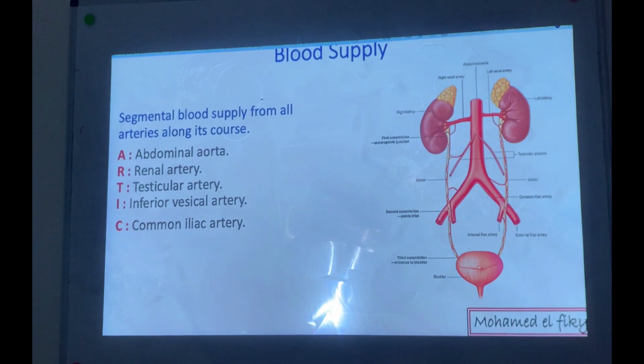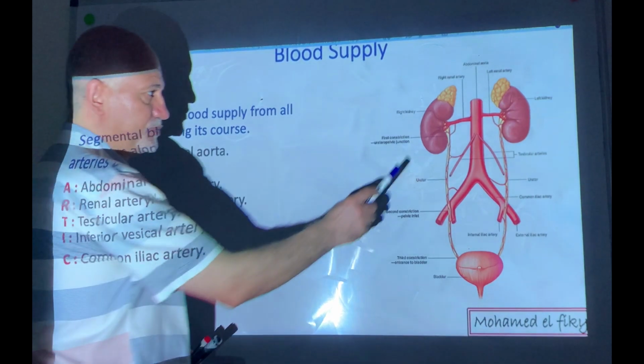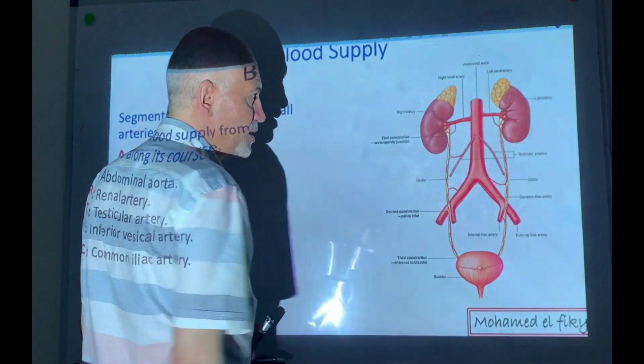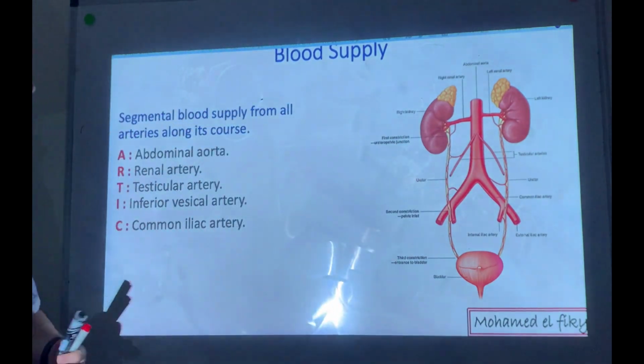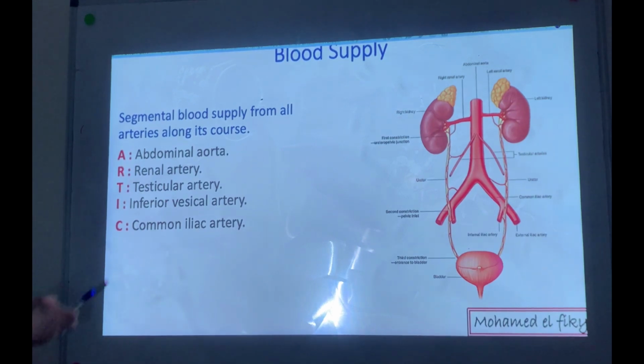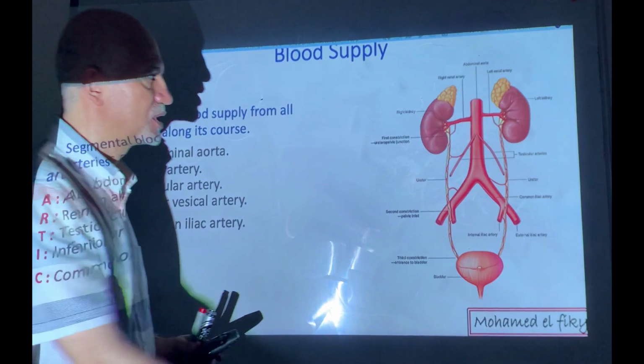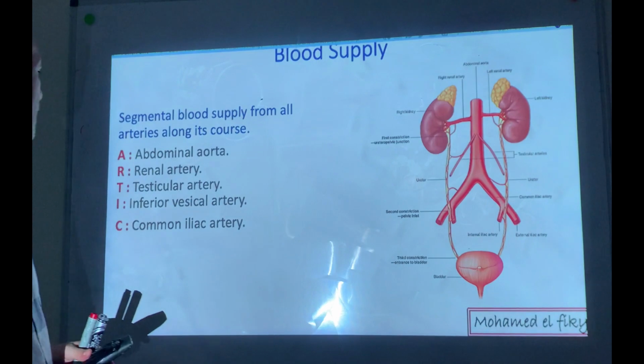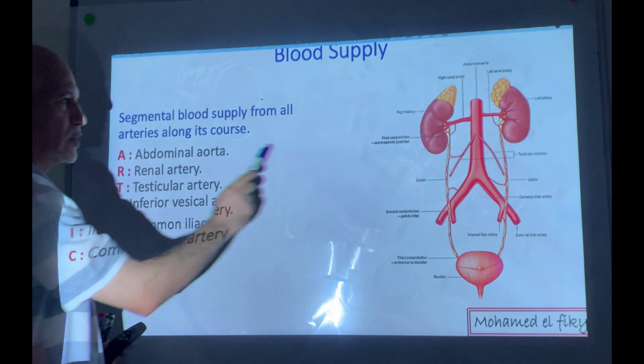Blood supply of the ureter. Along its course, the ureter takes blood supply from many arteries. We can summarize with the word ARTIC: A-R-T-I-C. A, abdominal aorta. R, the renal artery.